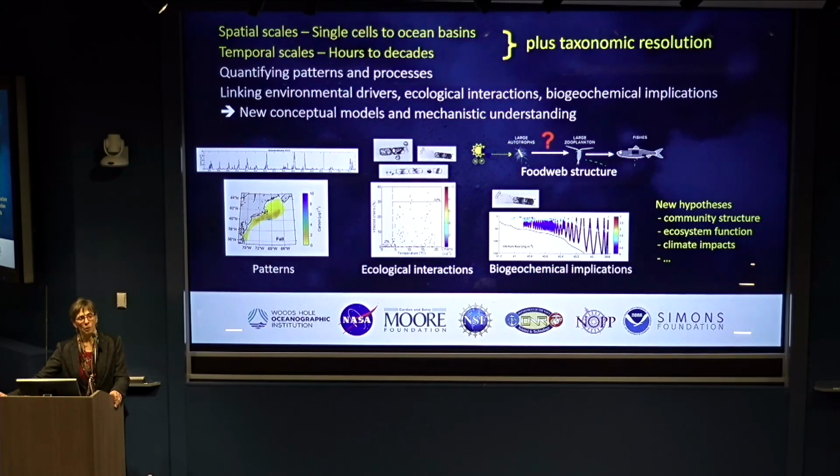Viruses are well documented to change food webs, to produce different pathways of carbon and energy flow, and to impact species composition. They have very big impacts in marine ecosystems, and they're an active area of study. It's not my area of research, but it's definitely very important.